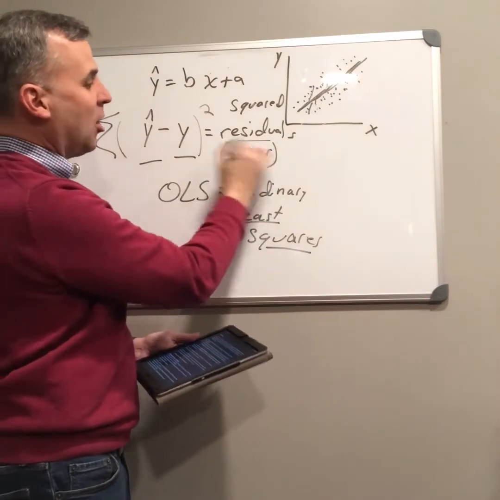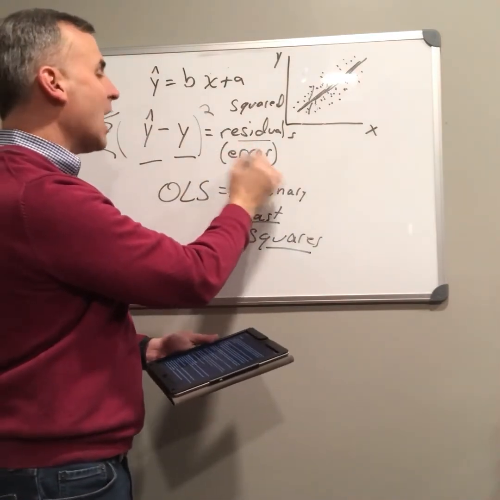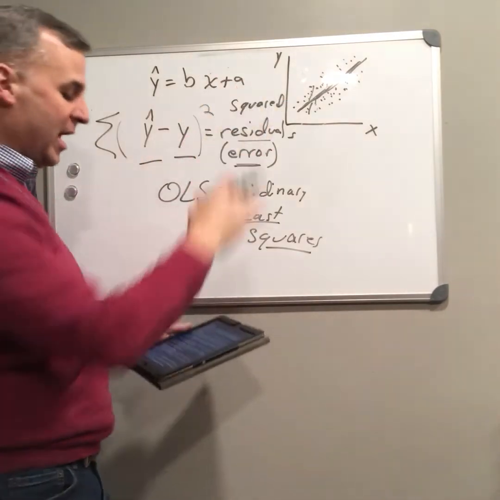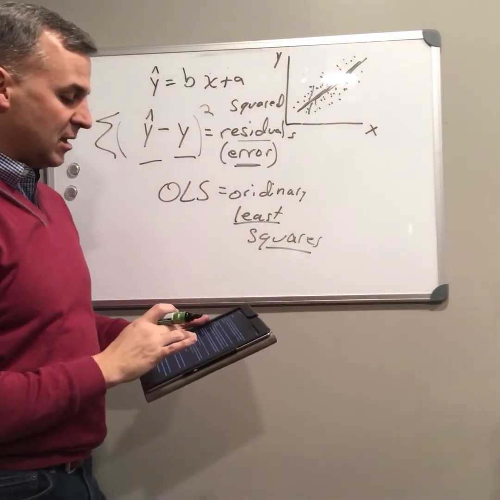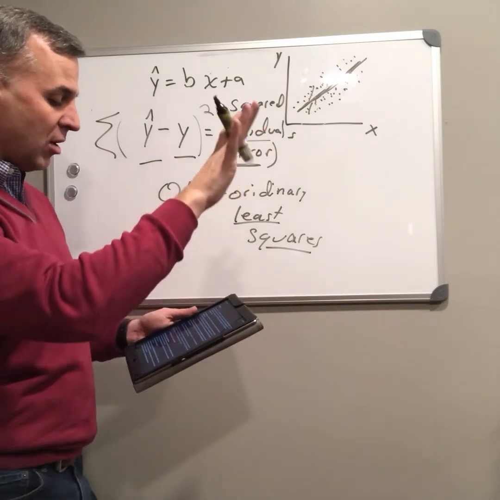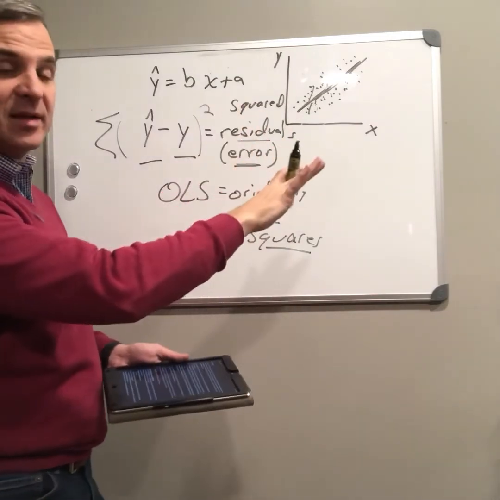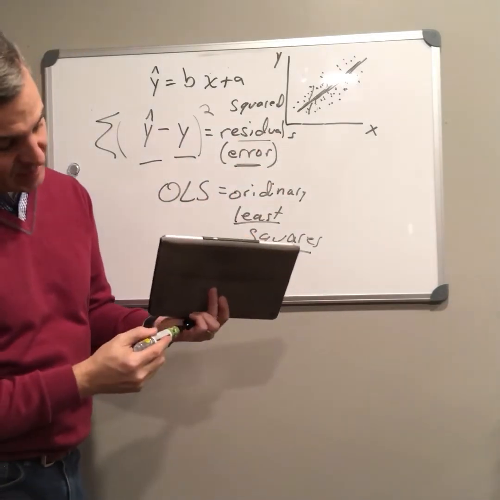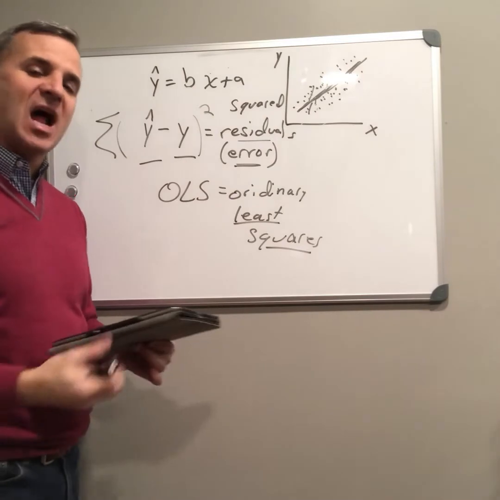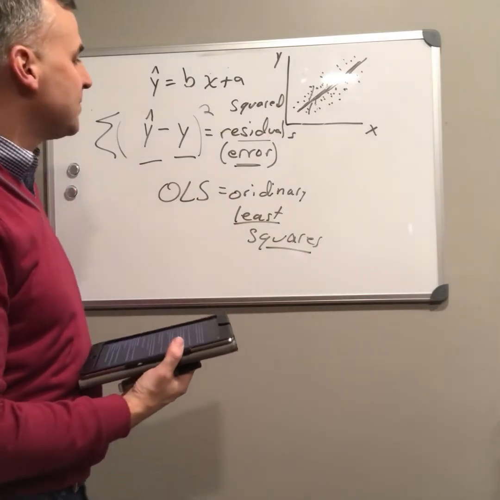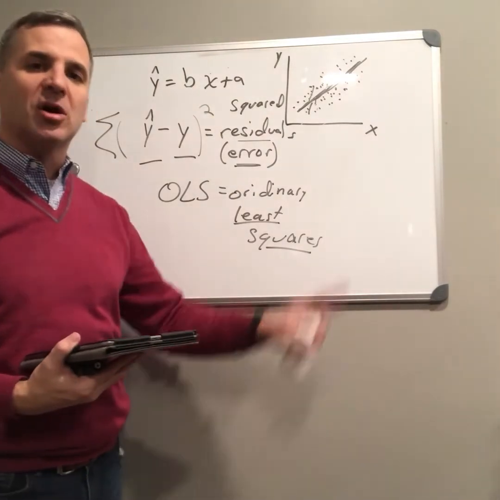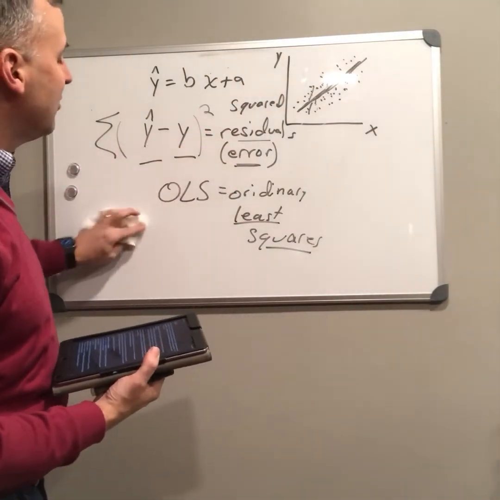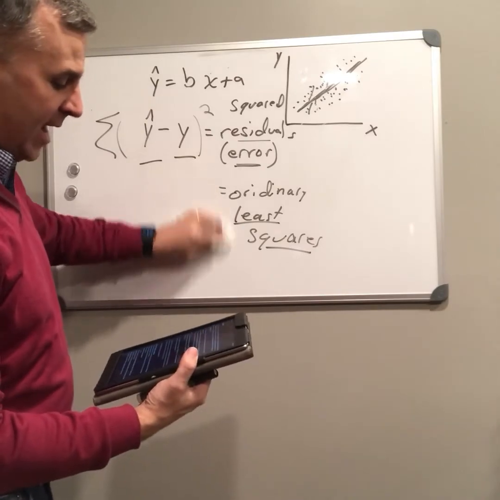So that's why we can also call this the error. This encompasses all of the stuff that we didn't account for in our relationship between x and y. There are going to be other things. And the question for us isn't are there going to be other things? It's about how big they are. And that's going to give us an idea of how good our prediction is. So if I'm curious how good of a predictor x is in predicting y, I can look at how big these errors are.